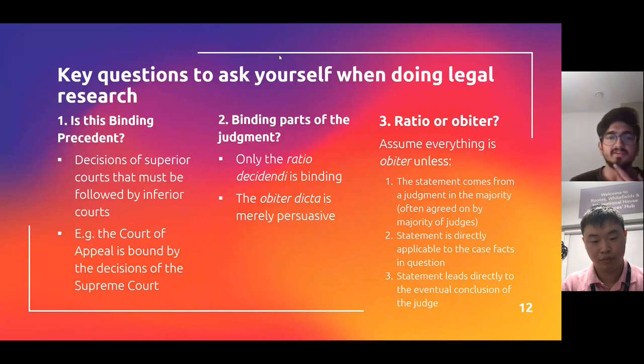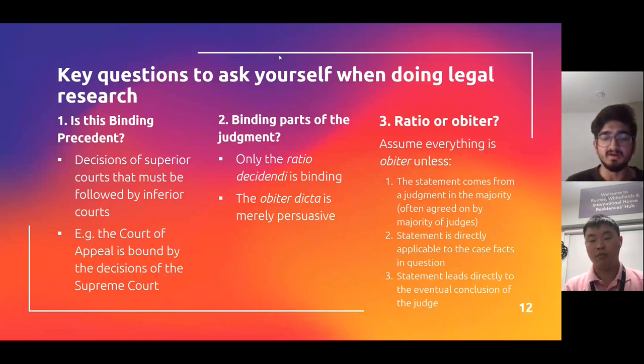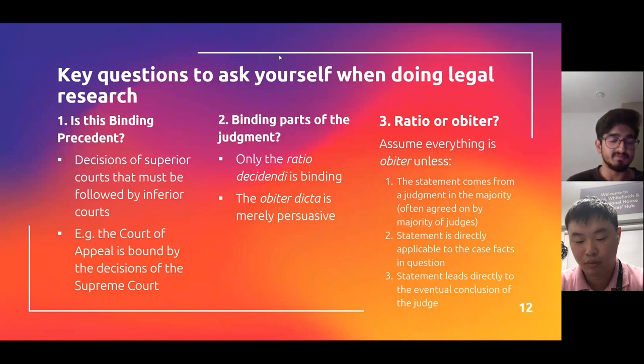Secondly, you need to also consider what are the binding parts of the judgment. There's a lot which is in a judgment, but a very important part of being a good lawyer, and obviously using analytical skills well, is finding out what the ratio decidendi is. This is essentially the decision, and it's only the decision which is binding.